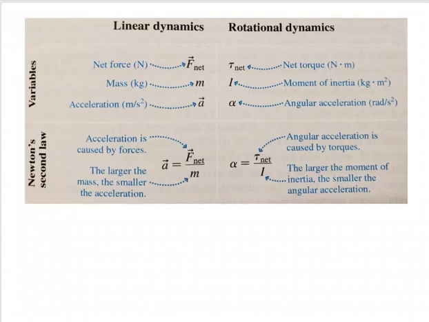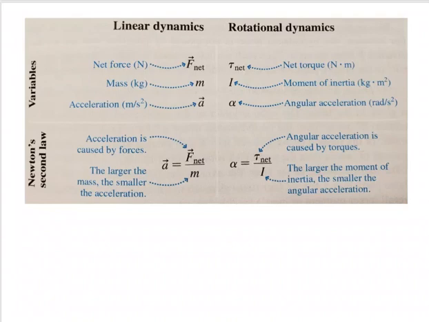So Newton's second law: acceleration caused by forces. We have acceleration equals F net over M, and the angular acceleration alpha is caused by torques, and we have tau net over I, which is the moment of inertia.